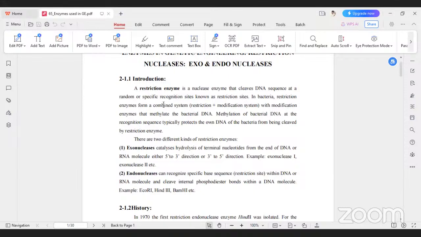Restriction endonucleases. The restriction enzyme is a nuclease enzyme.